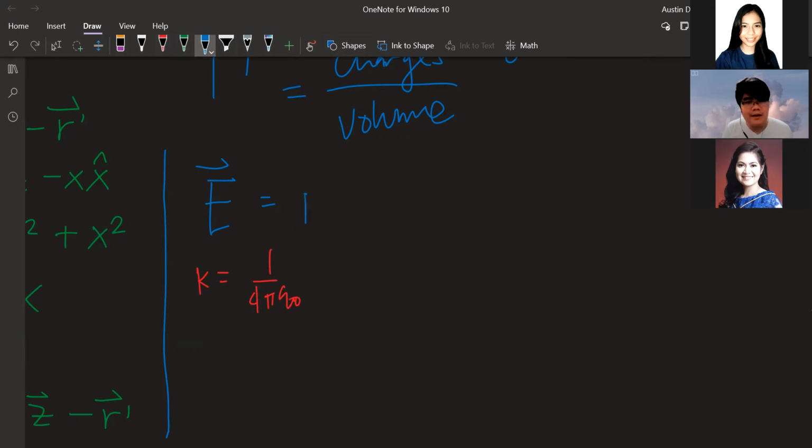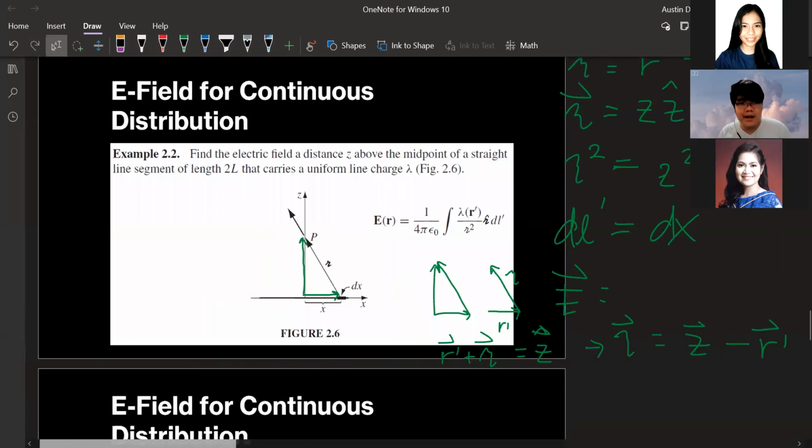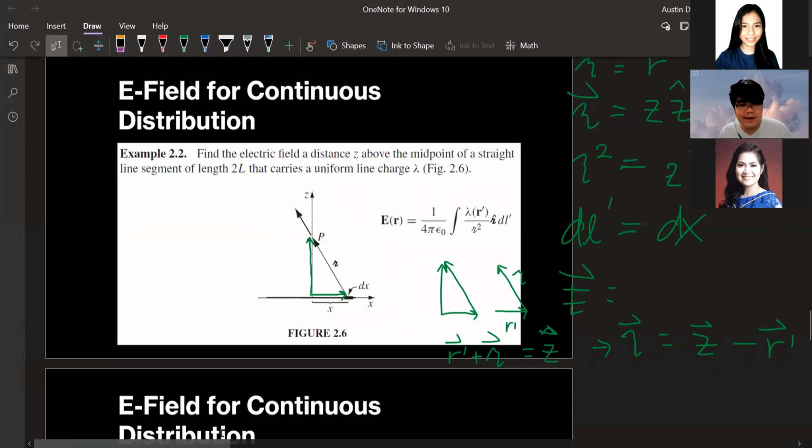Okay, K. Then the integral of lambda over curly r squared, curly r hat dl prime. Tama ba yung kopya ko? Tingnan natin. Okay, makes sense.